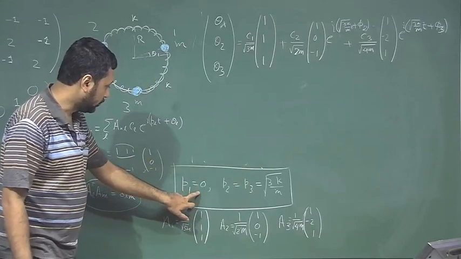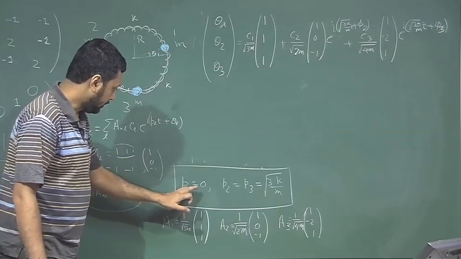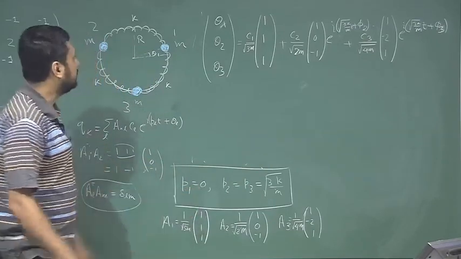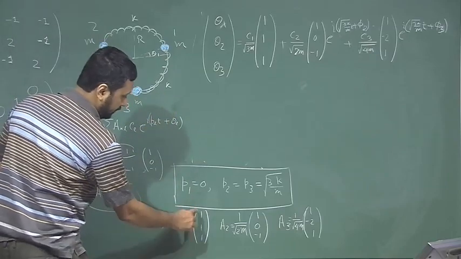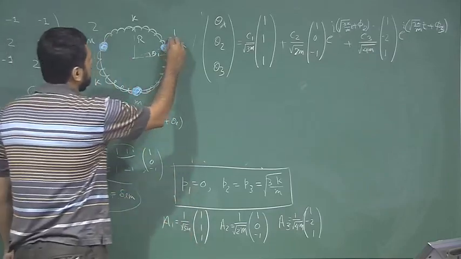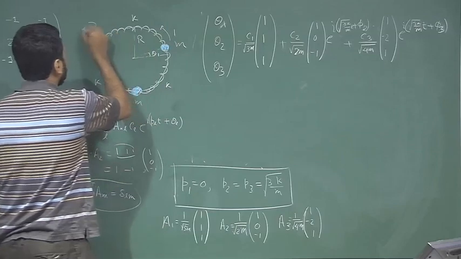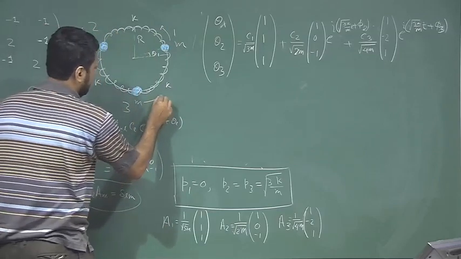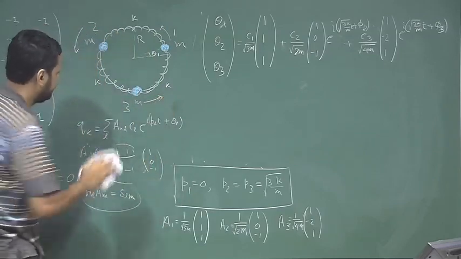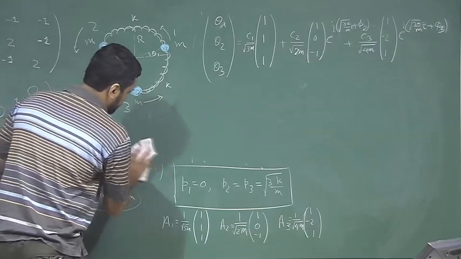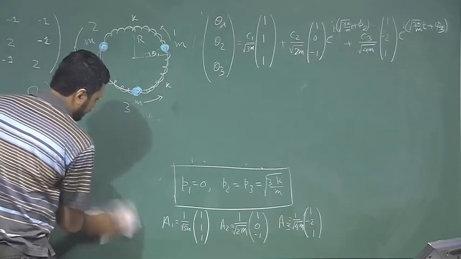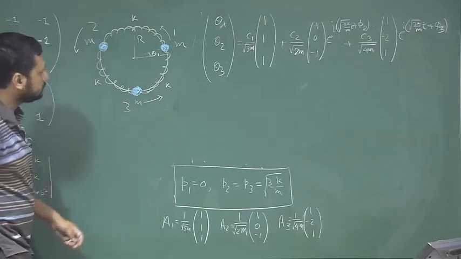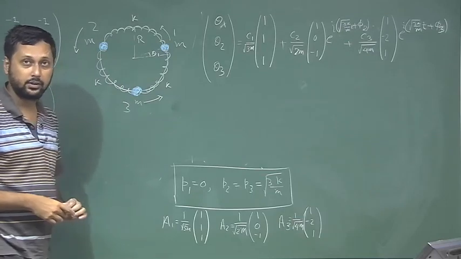The first normal mode, with the frequency 0, is actually a pure rotation, and see that the amplitudes are equal. So, all of these are moving in one particular direction with uniform angular velocity.